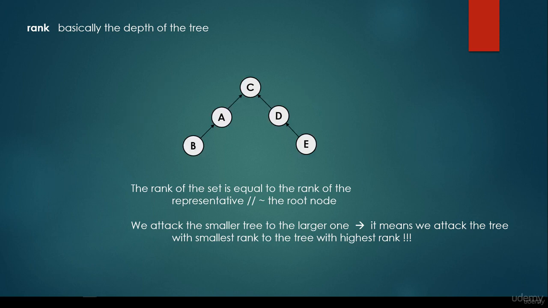Of course, we have to merge them in the way that we attach the tree with smaller rank to the tree with higher rank. Okay, and this is the way how we do it. We are going to attach the AB set to be the left child of the root node, or the representative, of the other disjoint set.